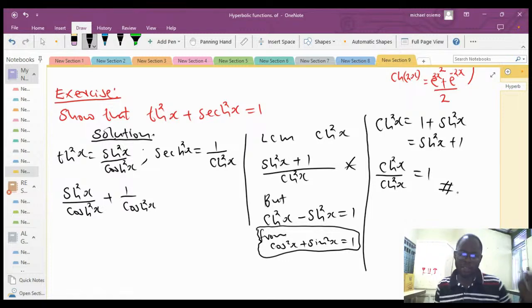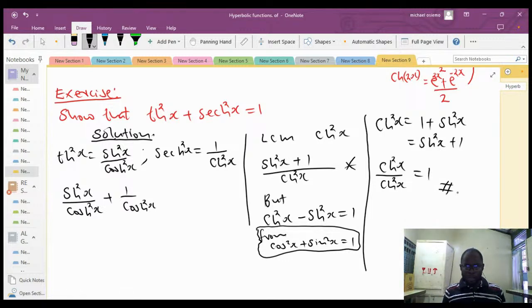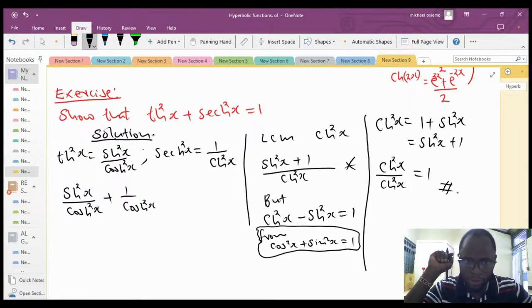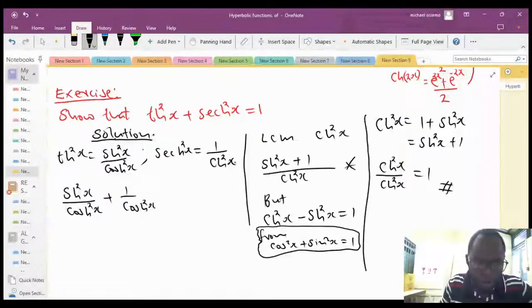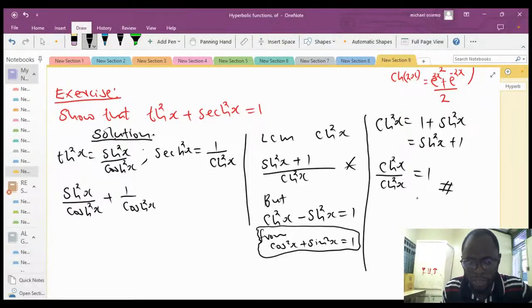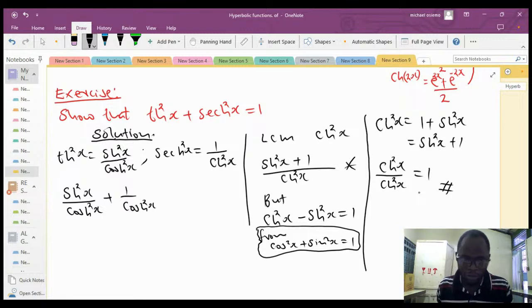So you can see it was an easy question, I hope. Maybe you can think on how to solve it. But that is the solution. If you go by the definition of cos hyperbolic and sine hyperbolic in terms of exponentials, you still arrive at the same point, but it will be long.